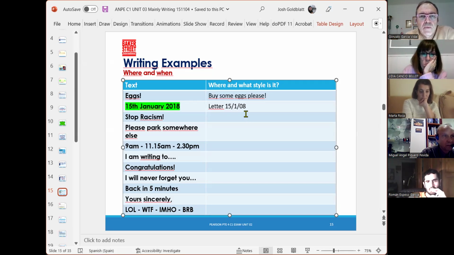Stop racism then. Stop racism. Your mother writes this on a post-it note in the morning and puts it on the fridge? No. So where would we see this? Article. Or a demonstration on the street. At a demonstration on the streets. Mm-hmm. What would this demonstration be?